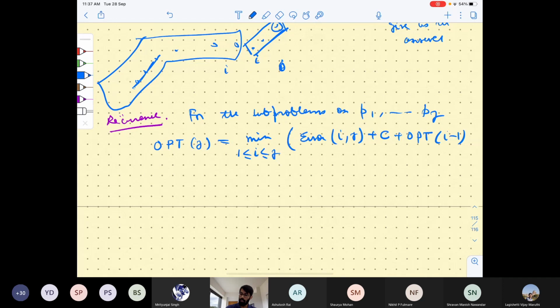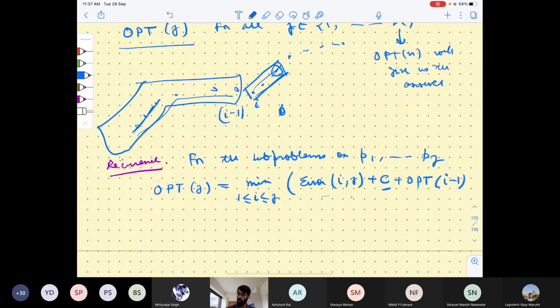This is i minus 1, and then we have this opt of i minus 1, the best way to solve this, plus c for another segment, and error of i comma j to accommodate the error for this segment. So this is the recurrence that we get.